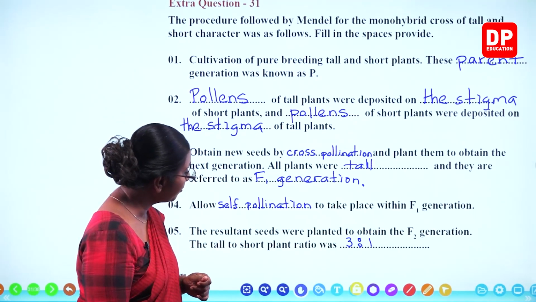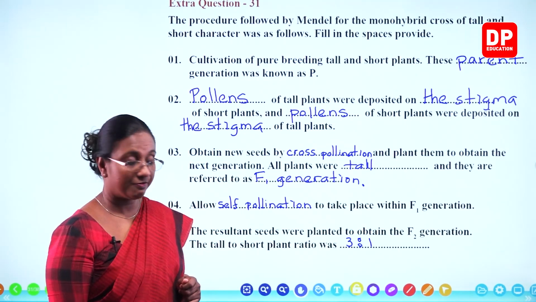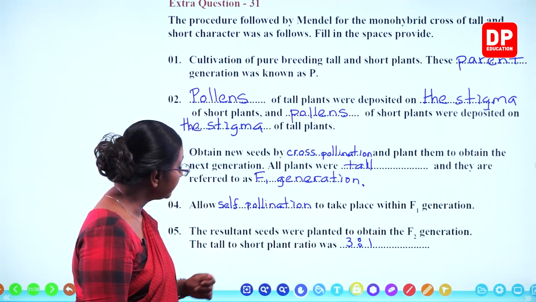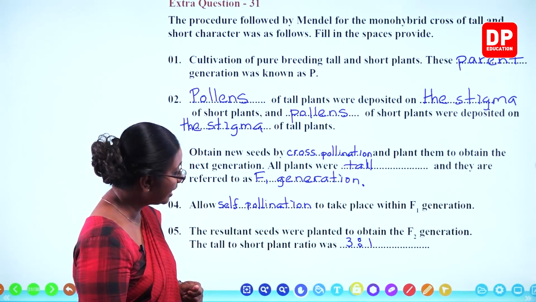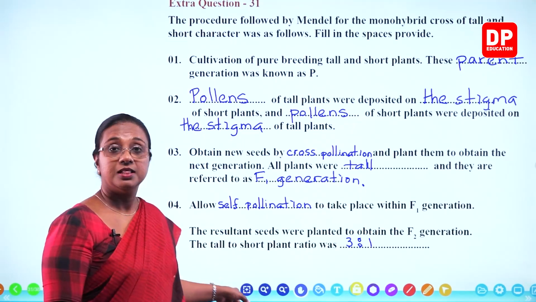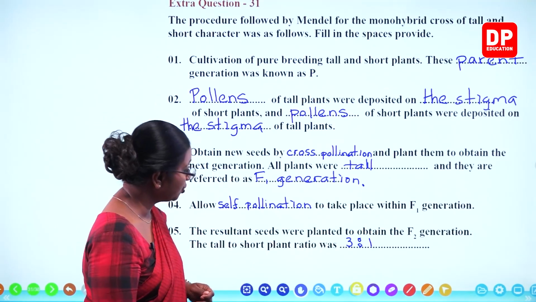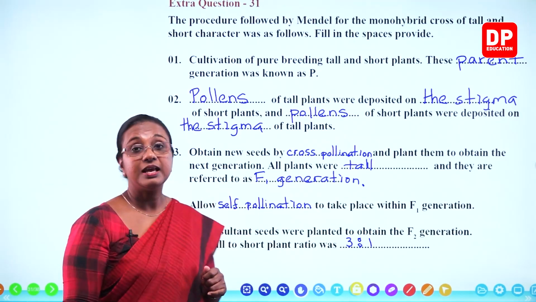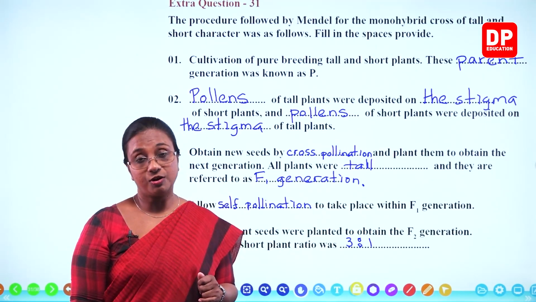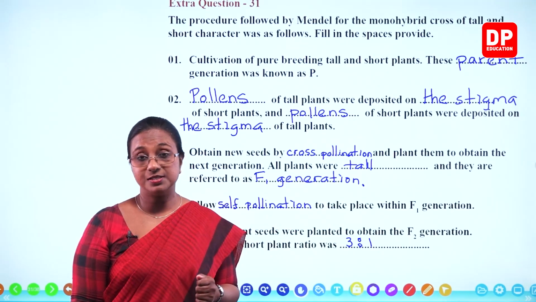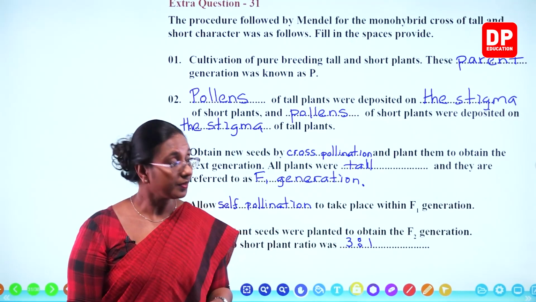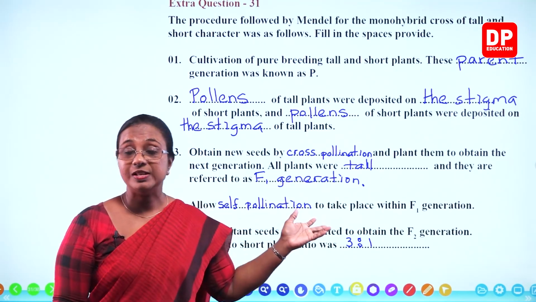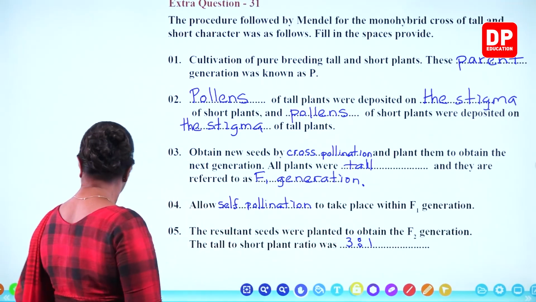Allow self-pollination to take place within F1 generation. The resultant seeds were planted to obtain the F2 generation. The tall to short plant ratio was 3:1. So that is Gregor Mendel's monohybrid cross of tall and short plants, pure breed plants. So with that, students, we'll move on to the next slide.